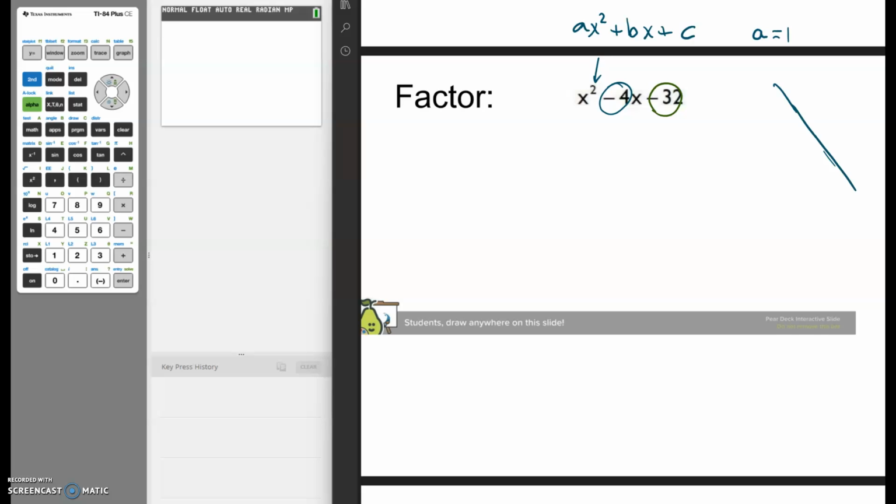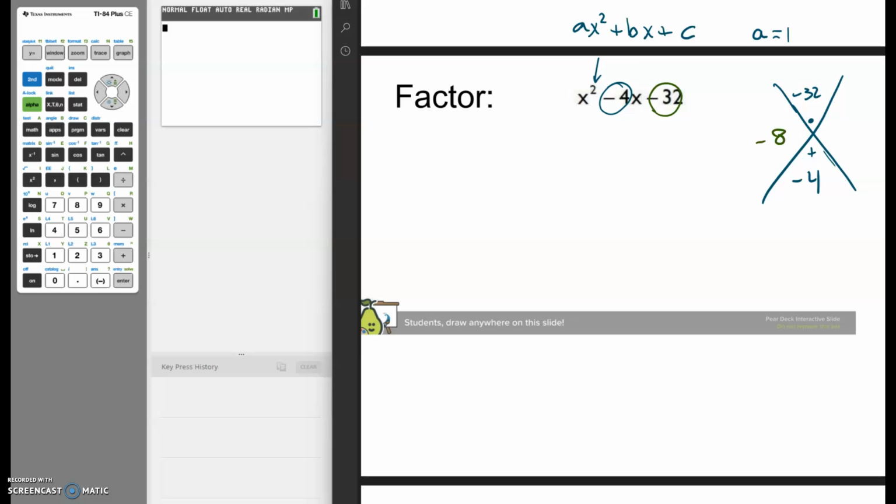What we're trying to do is solve a little puzzle: what two numbers multiply to -32 and add to -4? Depending on how good you are with your times tables, your division ideas, this might take a little bit longer, a little bit shorter.